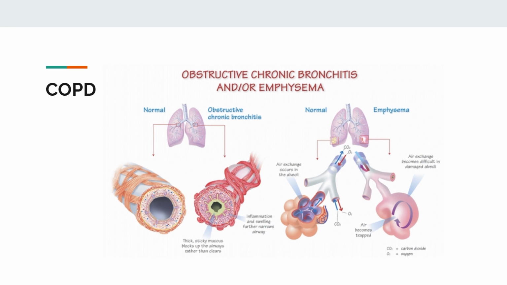In emphysema, you actually get damage to the air sacs themselves. They become dilated and unable to let air out of the alveoli. So therefore you get this gas trapping, similar to chronic bronchitis, where the gas sits in the airways and can't actually get out.